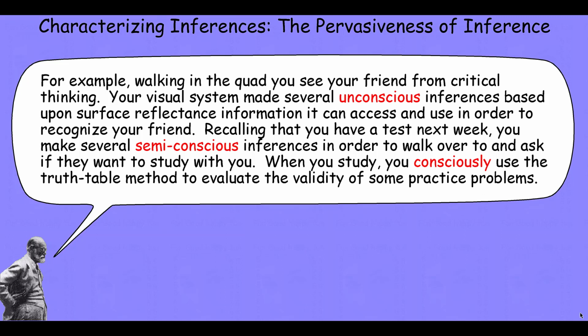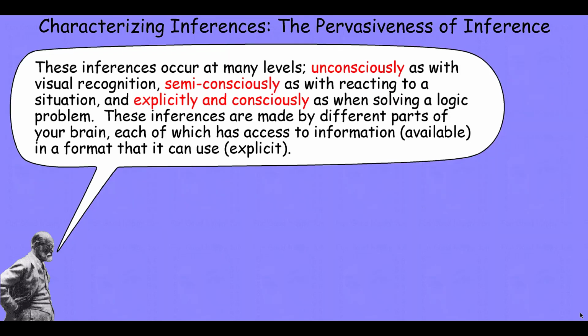And this will turn out to be particularly important as we continue on looking at inferences, and particularly when we start talking about the general categories or types of inference strategies that human beings typically can call upon in solving problems. So inferences can occur at many levels. They can occur unconsciously, as with visual recognition. They can occur semi-consciously, as when we react to a situation, only parts of which we're sort of explicitly aware of. And they can occur when we're explicitly and consciously trying to solve a problem using our working memory.